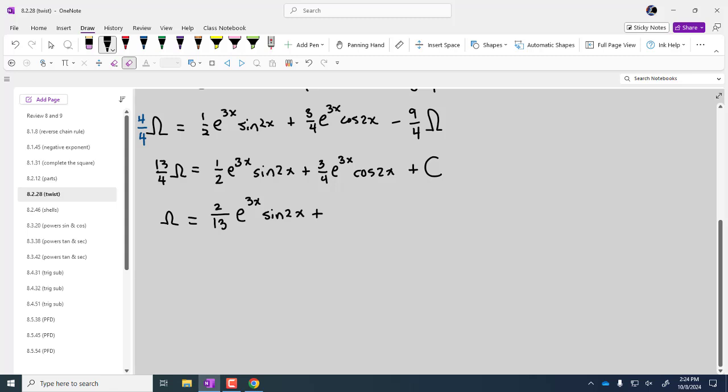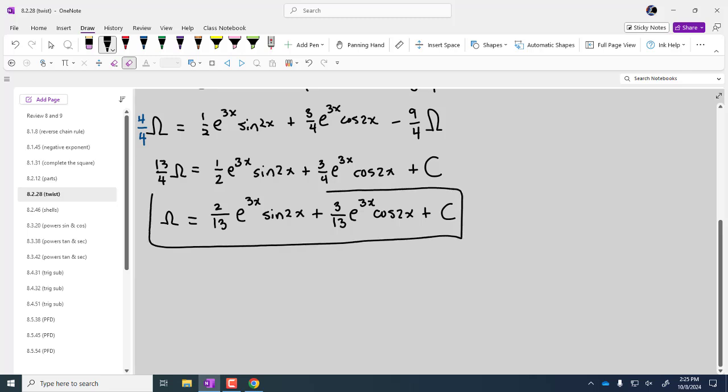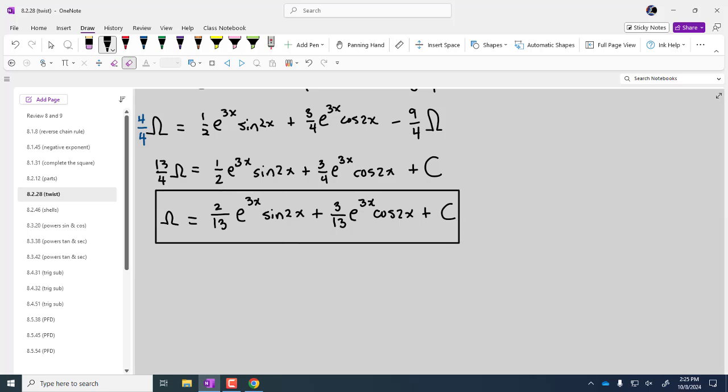Okay, so multiply both sides by 4/13. 4/13 will give us this, and when we multiply the 4/13 by the constant, we just keep it as a c, even though we know the c's are different.